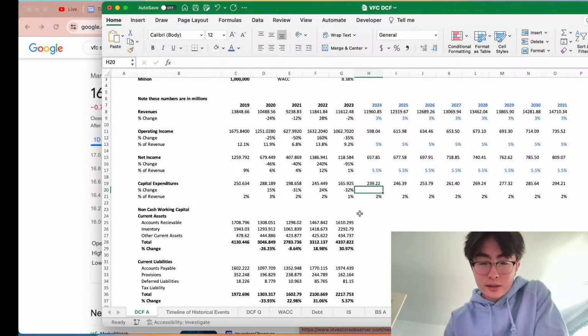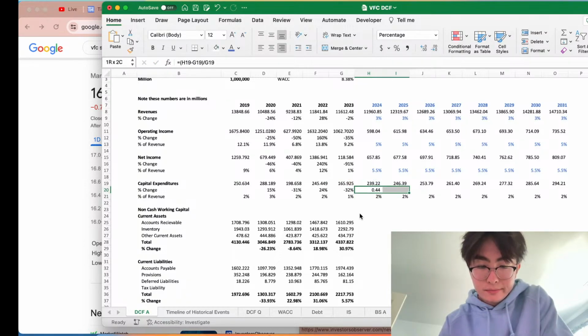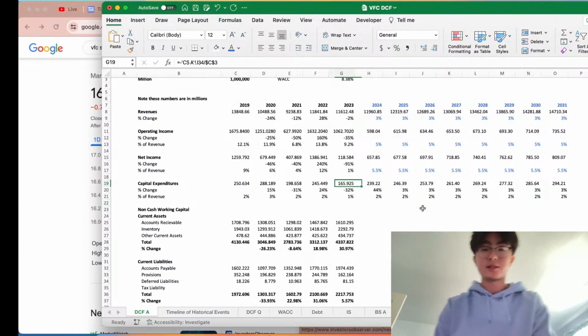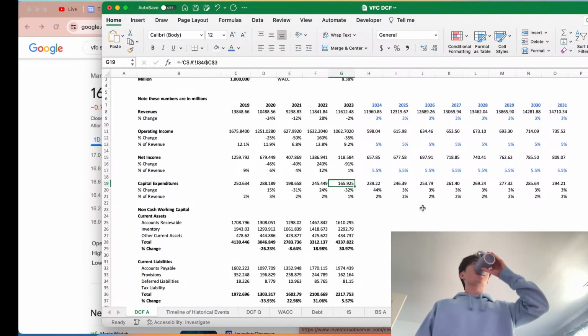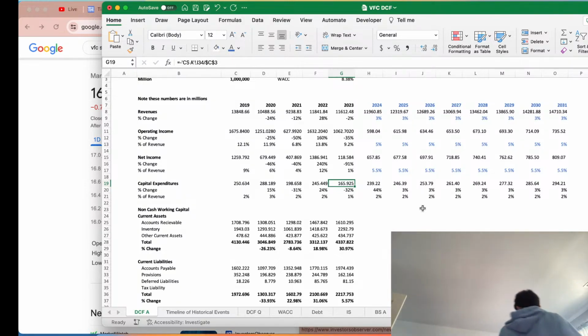So anyway, what's the growth in this case? 44% increase in net earnings. Not gonna happen. Not gonna happen.